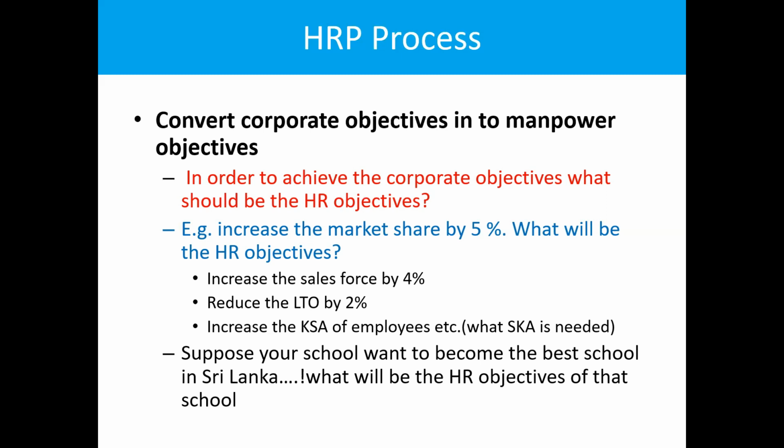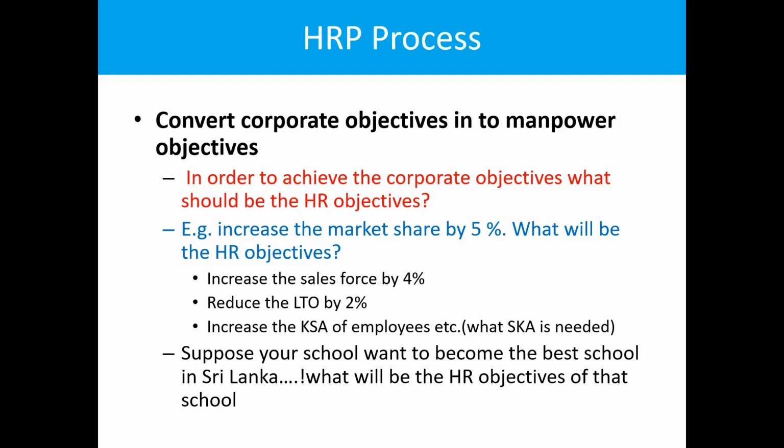So the 5% increase in market share is ultimately performed by the people. That's why it needs to be converted into a manpower objective, right? So how can we do that?